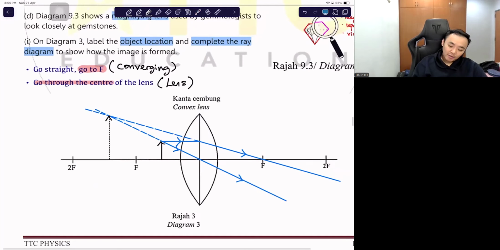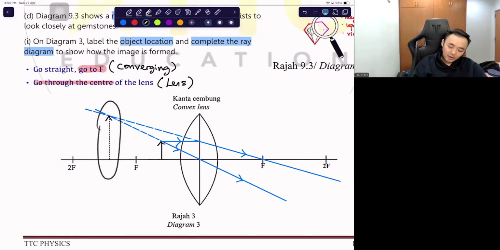Now, if we look at the diagram, we can also determine the characteristics. What kind of image do we get for this? First of all, if you look at the size, could you compare? This image is magnified, right? Now, what does it mean when we get a dotted line like this? Dotted means the image is virtual, correct?